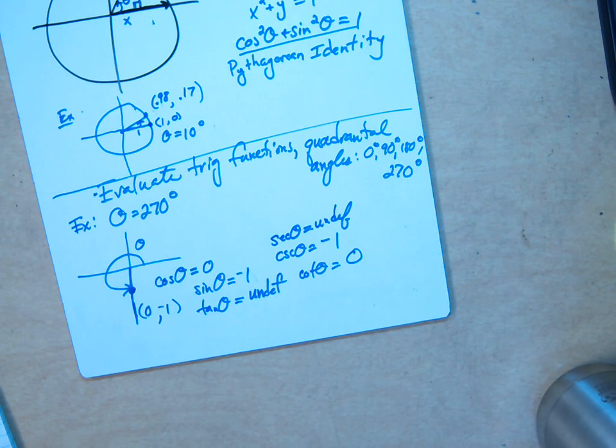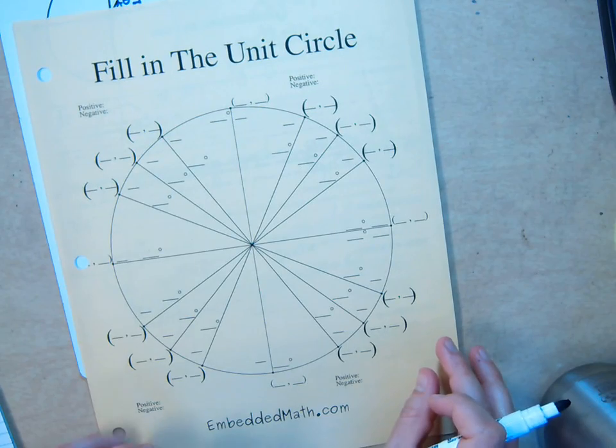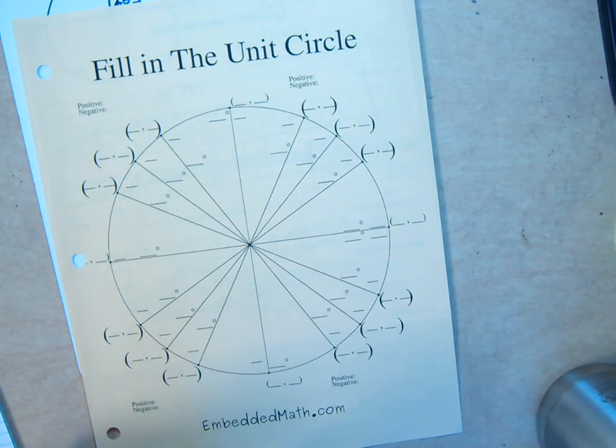So what we can do now is, well, almost the last new thing today, we can fill out this unit circle. And we can do the cosine and the sine for some key angles around the unit circle. But I think that I'm going to save that.